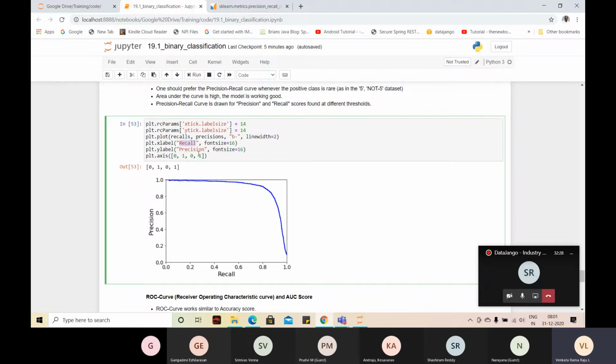Both scores have their main focus on positive predictions: how many positive predictions are correct in the existing positive data? When the data set has minority records, and if that minority class is working well, this line will come and touch the top x-axis and right y-axis. That way it is good.